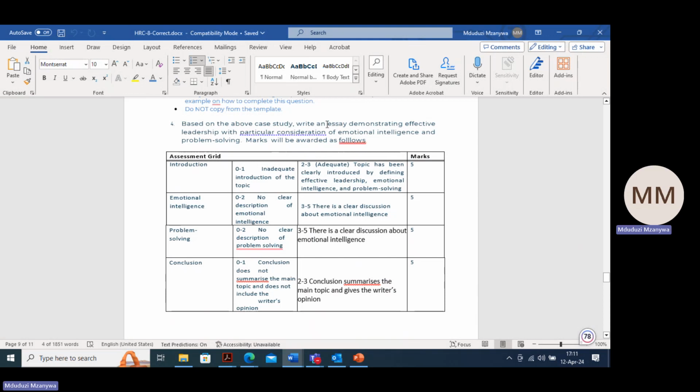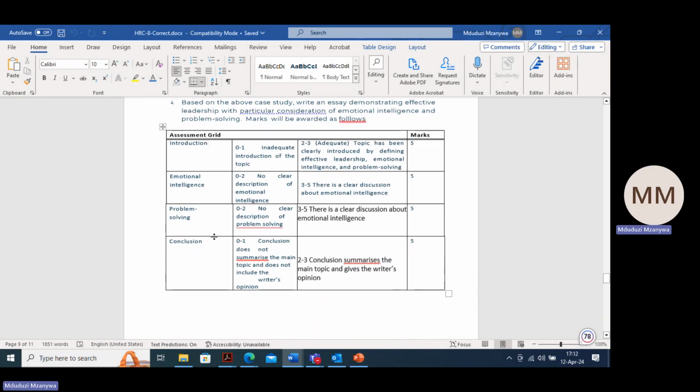Now, here, the guide is that you will need to speak about effective leadership, what it is. There's your introduction. What is effective leadership? What is emotional intelligence? What is problem solving? And then come in here and discuss what emotional intelligence is and what the different things about emotional intelligence are.